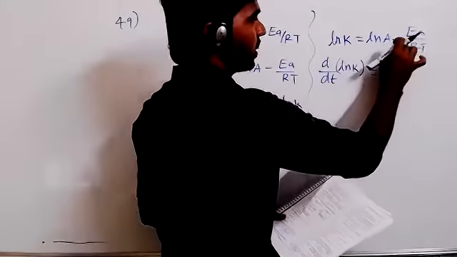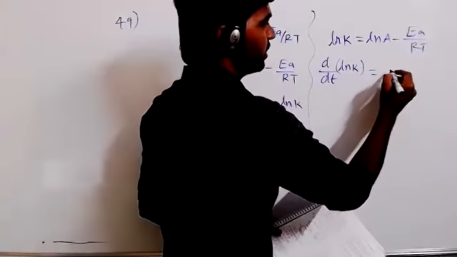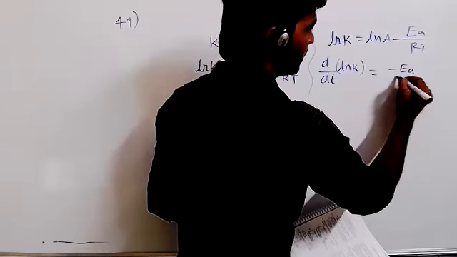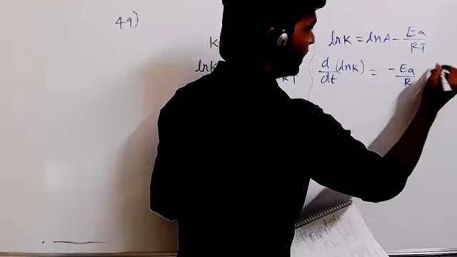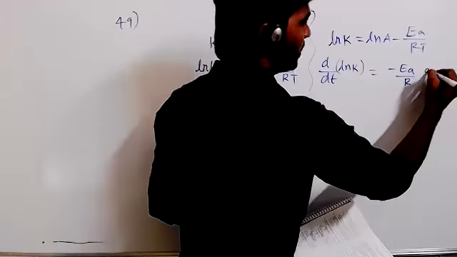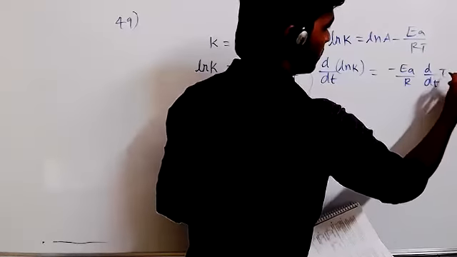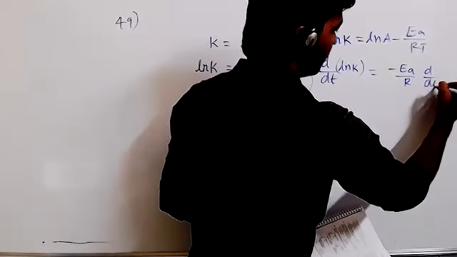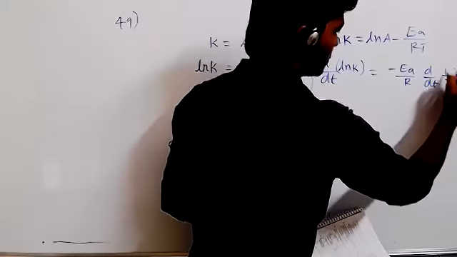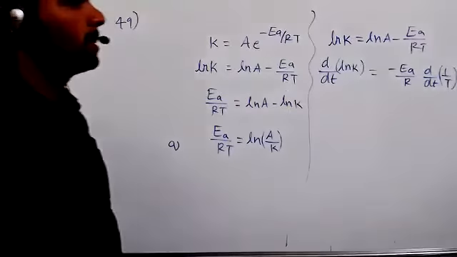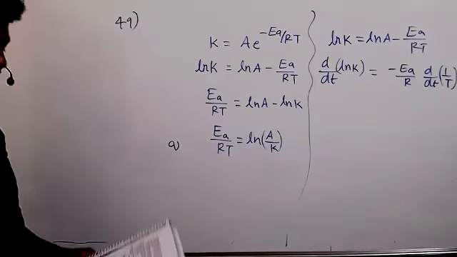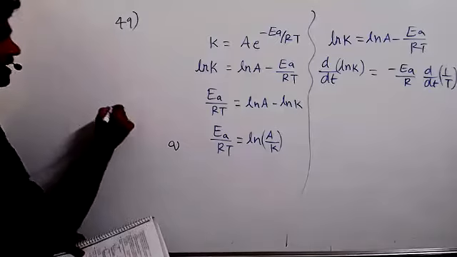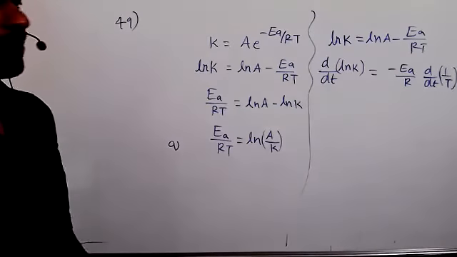Then differentiate this one, minus Ea by RT. In minus Ea by RT, minus Ea by R is constant, times 1 by T. d by dt of 1 by T, how much is its value? Minus 1 by T square. Correct? d by dt of 1 by x is minus 1 by x square.